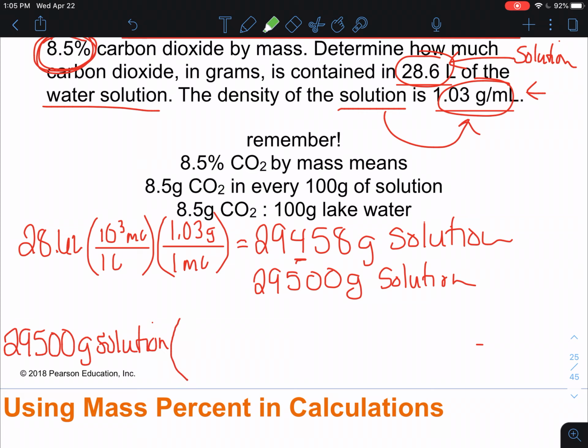I want you to just drag your attention to this really fast. Okay? Basically, remember, this is a conversion factor, and this is the equality, right? So for every 100 grams of lake water, we get out 8.5 grams of CO2. So we're starting off with grams of solution. This is the lake water.